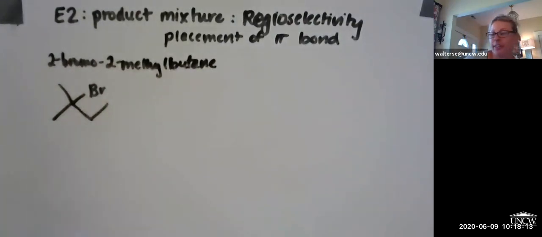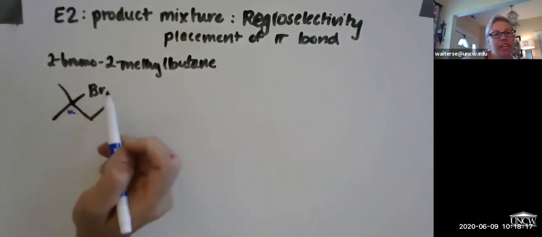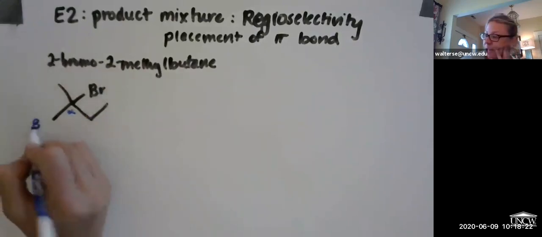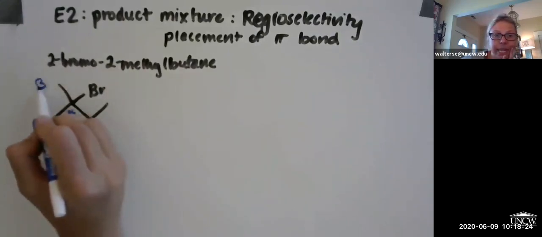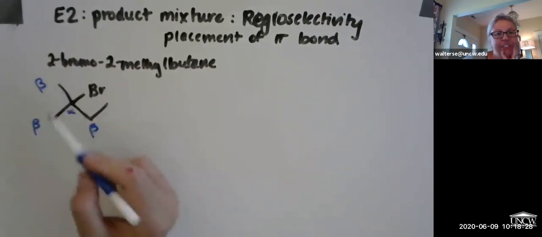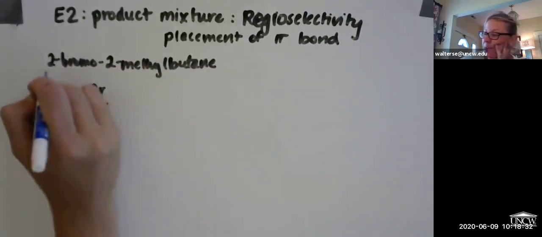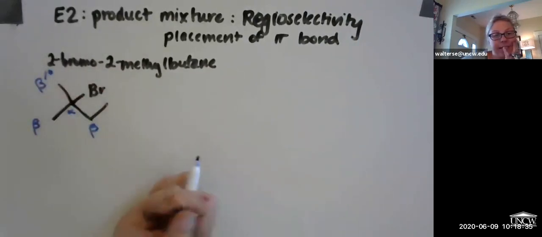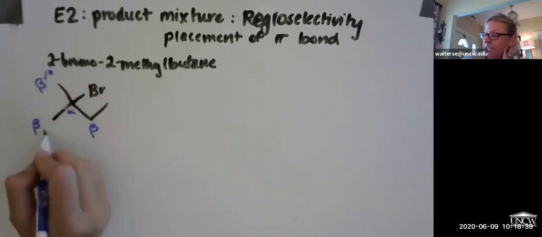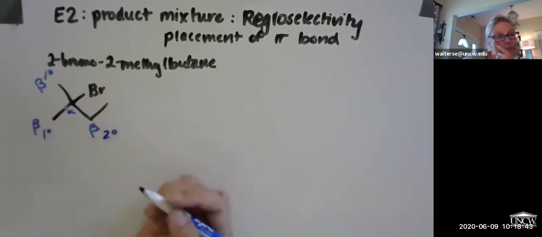But now if you look at this, here's alpha, the carbon with the leaving group. And here's beta, beta, and beta. But these are different kinds of beta carbons. This is a primary beta carbon because it's attached to one other carbon. This one down here is primary. This one down here is secondary.